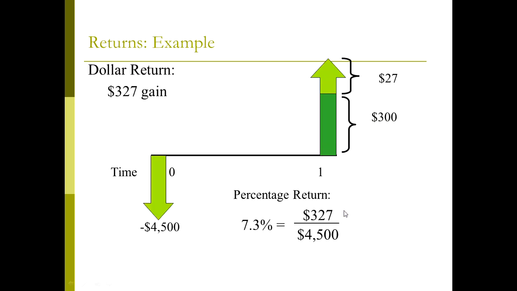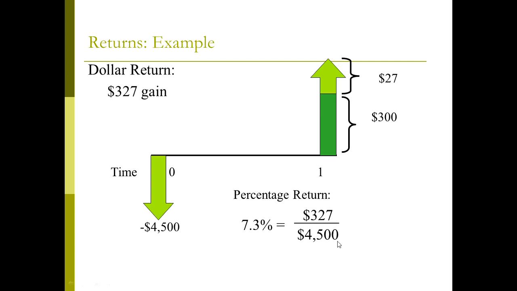Okay. So let's put the numbers into this graph again. Initially, you invest $4,500, and over the investment period, you got $27 dividends plus $300 capital gain. So the percentage return will be the total $327 profits gain divided by your initial investment, $4,500.